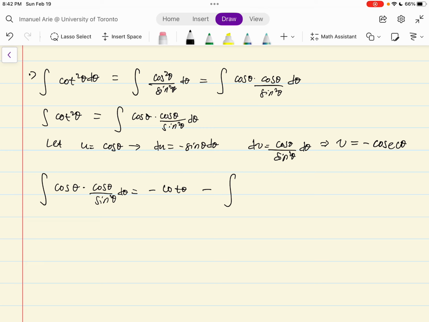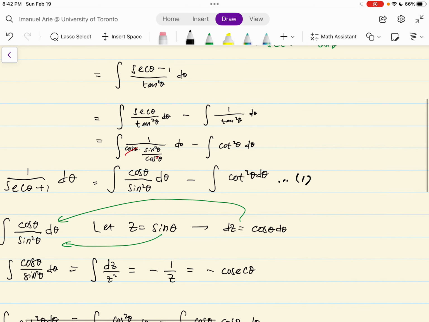Again, it cancels each other because cosecant theta is 1 over sine theta, so we end up with only d theta. So this gives us minus cotangent theta minus theta, which is perfect.